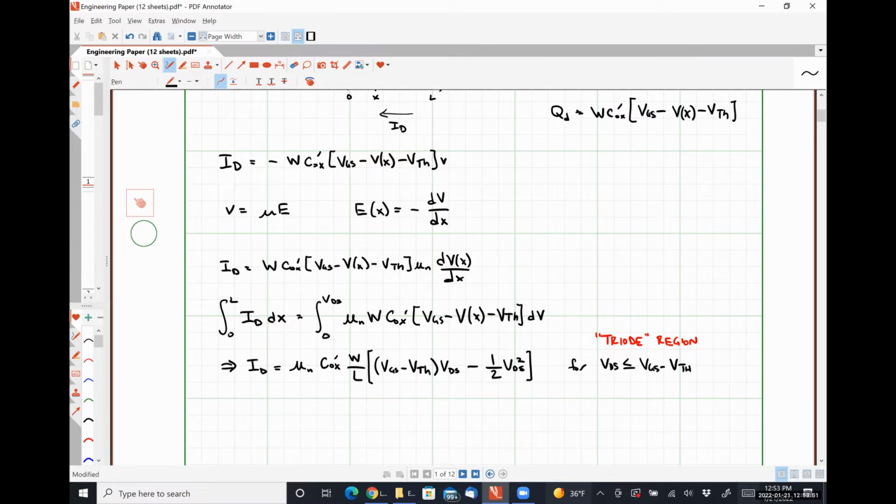I want to also give you a new name for this quantity, VGS minus the threshold voltage. We're going to call that the overdrive voltage, VOD.